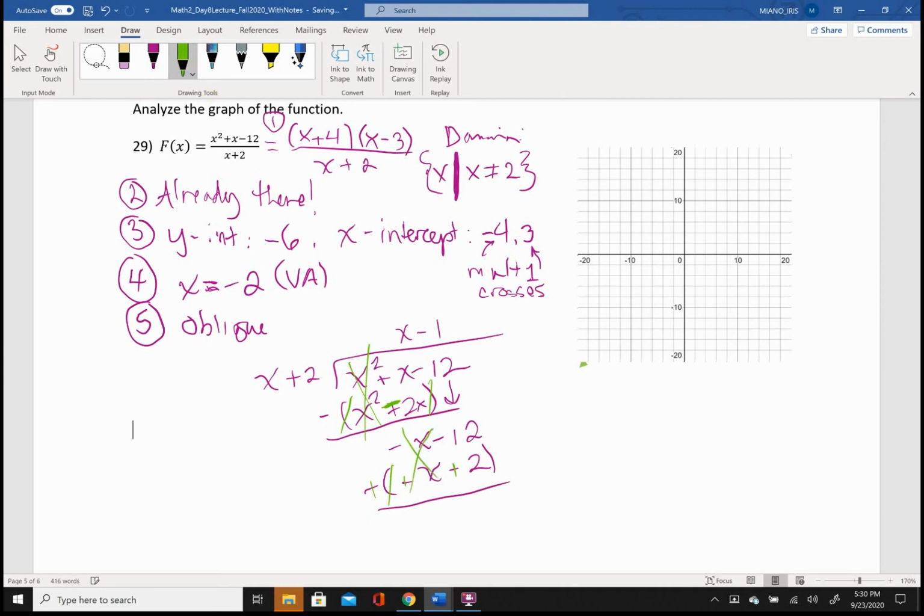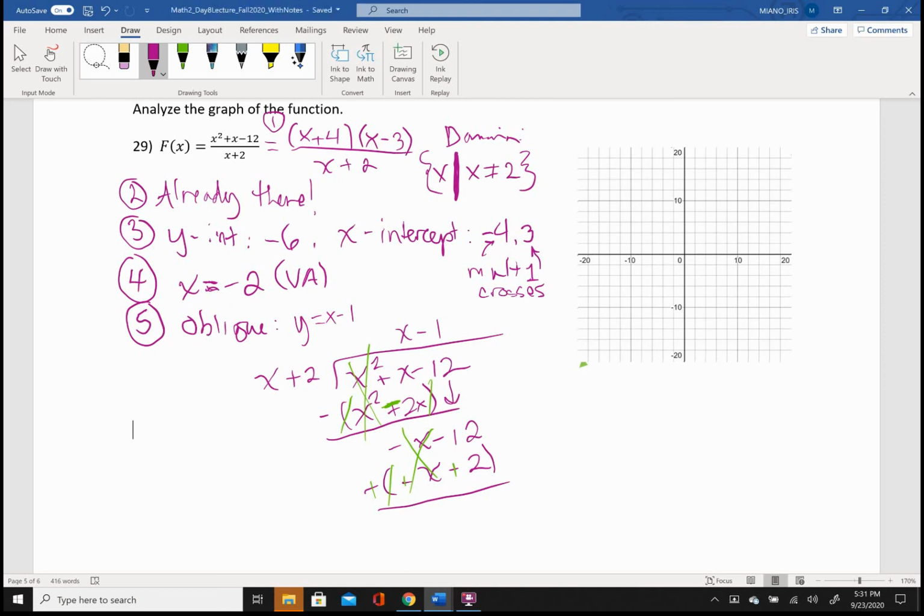These will cancel out and we will be left with negative 10. Not that this even matters really. Once we figure out what the quotient is, technically we could just stop the process because the oblique asymptote is y equals x minus 1. Done. Okay? So now we need to check to see if our trajectory crosses this oblique asymptote.